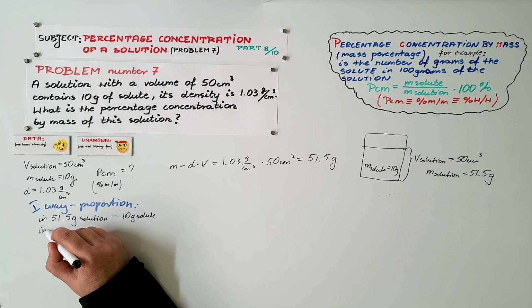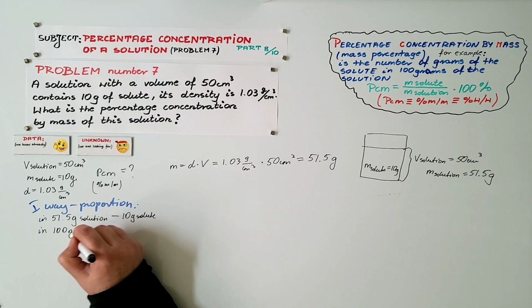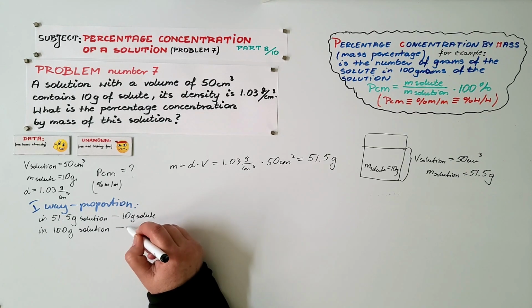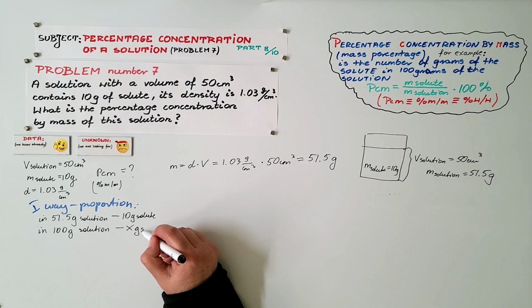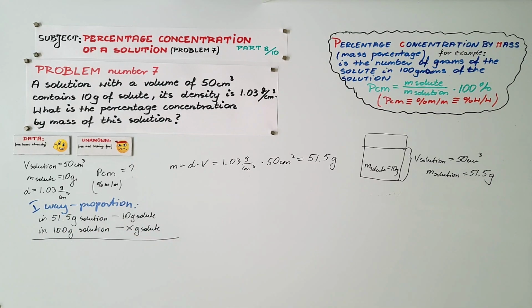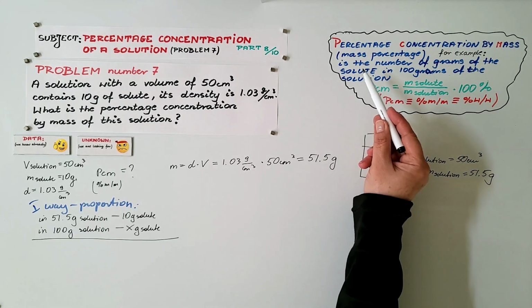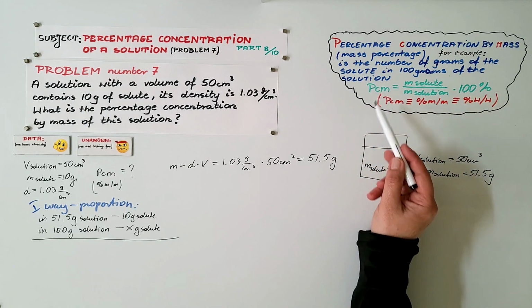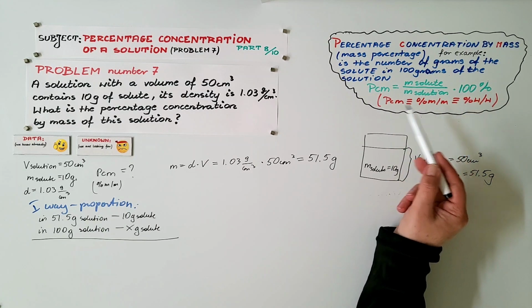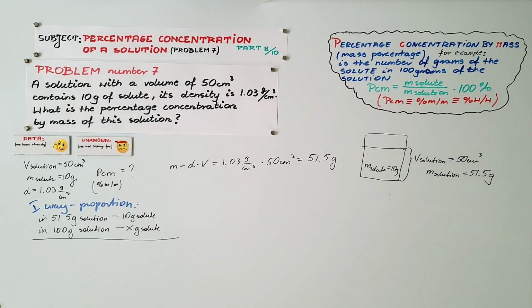So in 100 grams of solution is X grams of solute. Why 100 grams of solution? Because percentage concentration by mass is the number of grams of the solute in 100 grams of solution. How to calculate X? We calculate X by cross multiplying this proportion.